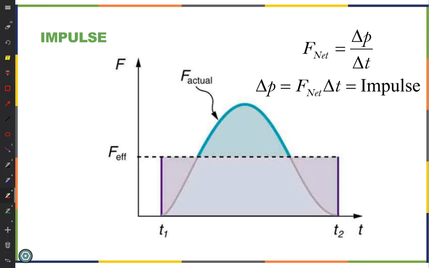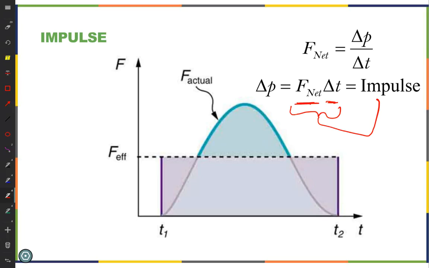There is a relationship between the net force on an object, the time that net force is applied, and its change in momentum. And so, by convention, the force net times time is called the impulse.